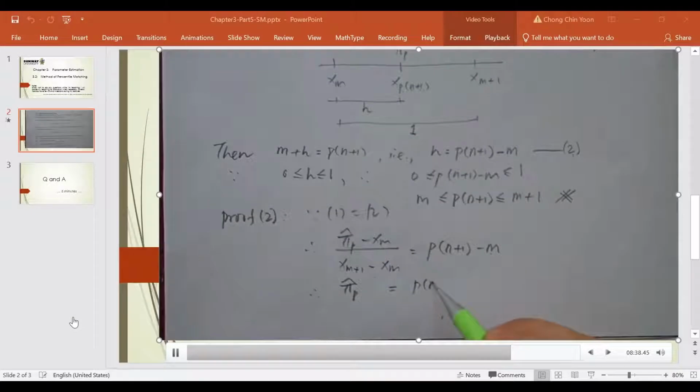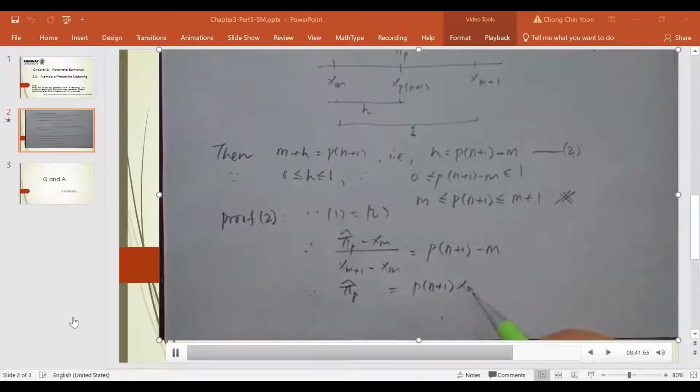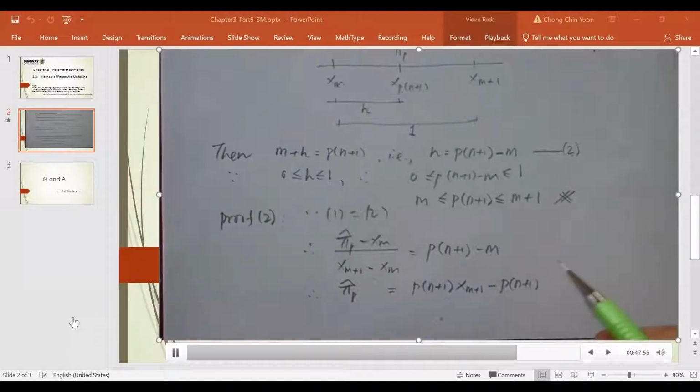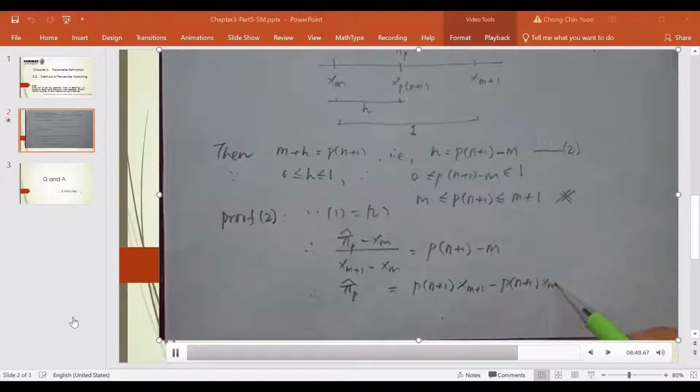p times m plus 1 times xm plus 1, minus p times m plus 1 times xm, minus m times xm plus 1, plus m times xm plus xm.